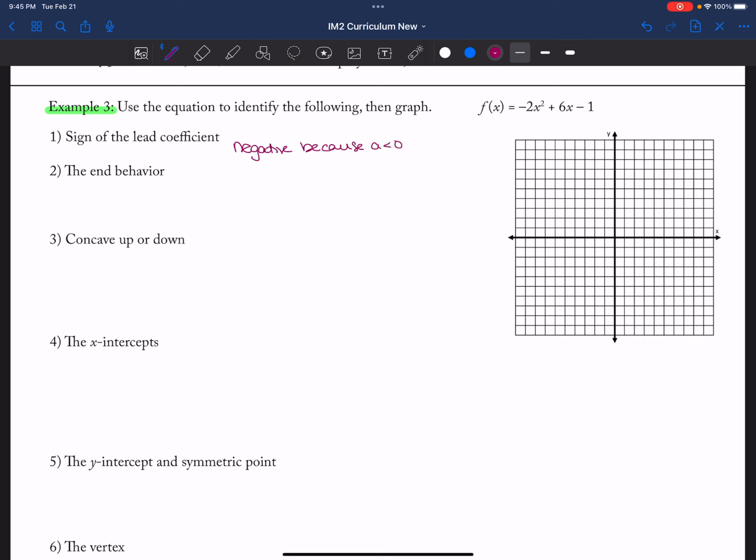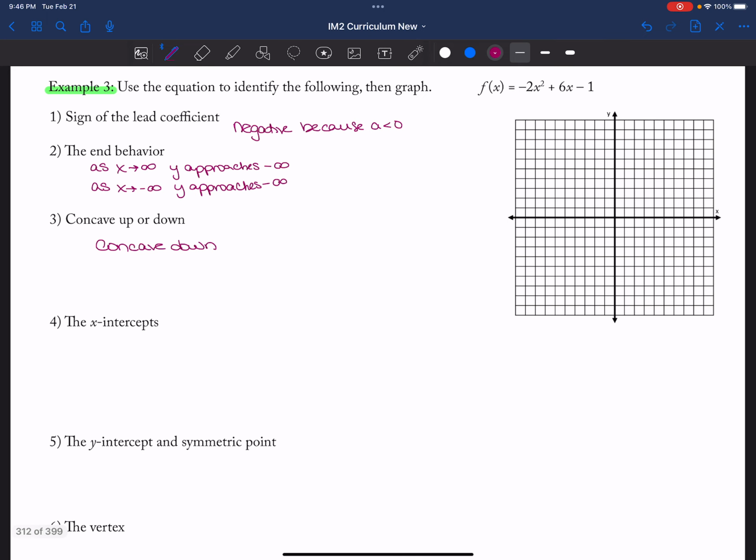My end behavior, because a is less than 0: as x approaches infinity, y approaches negative infinity. And as x approaches negative infinity, y also approaches negative infinity. So this is a concave down situation.